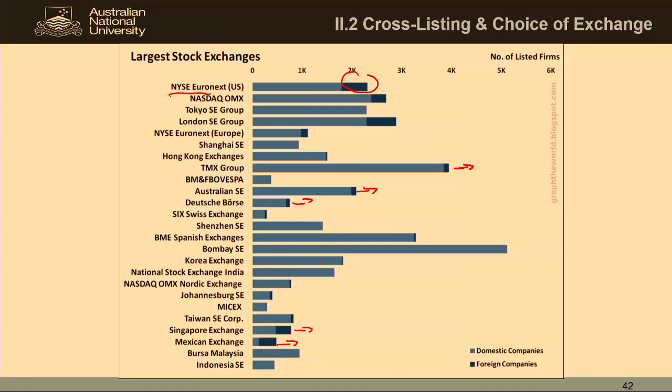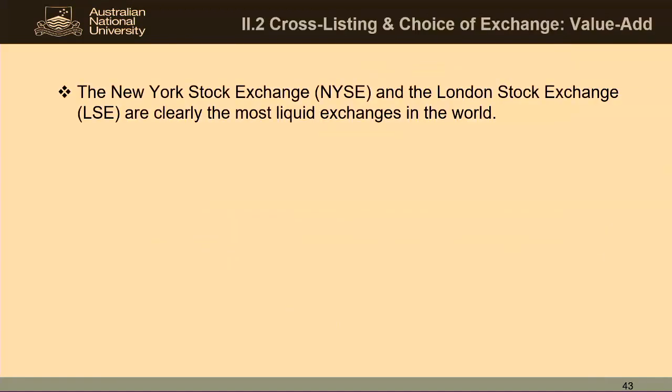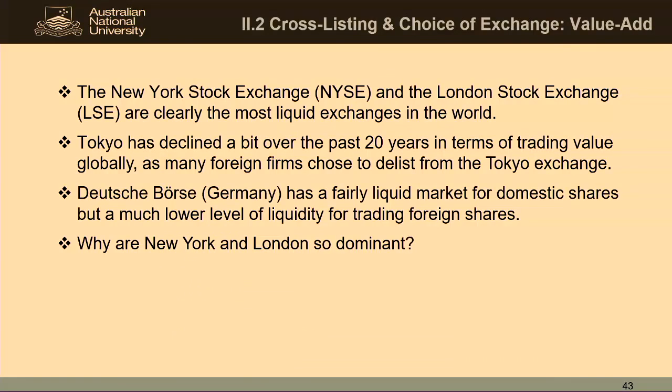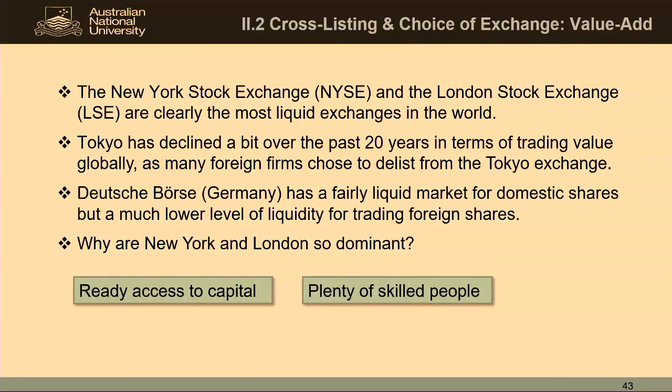So other ones that you might think about if you are a foreign company to list on those areas include also plenty of skilled people, because they are already really big markets. This is where all the talents are concentrated. Wall Street, right? London, Canary Wharf.